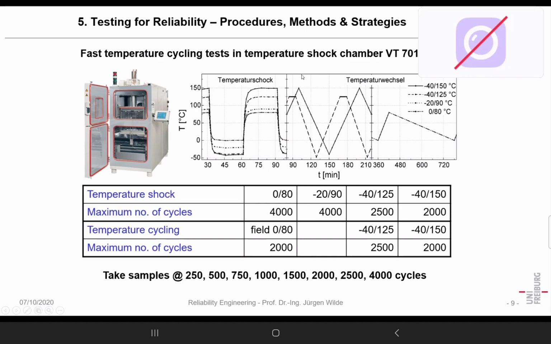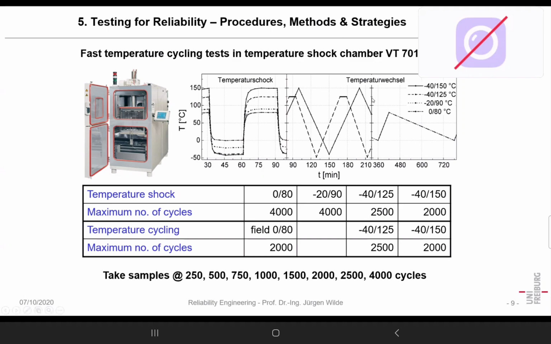You can also go into a slow test, and that's something like an oven in its most simple version, but it can also be a combination of cooling and heating. So you can have a temperature ramp up and down with a well-defined slope of temperature change.